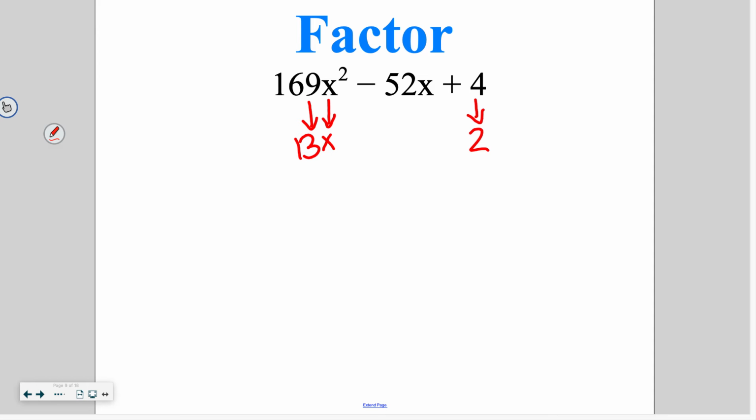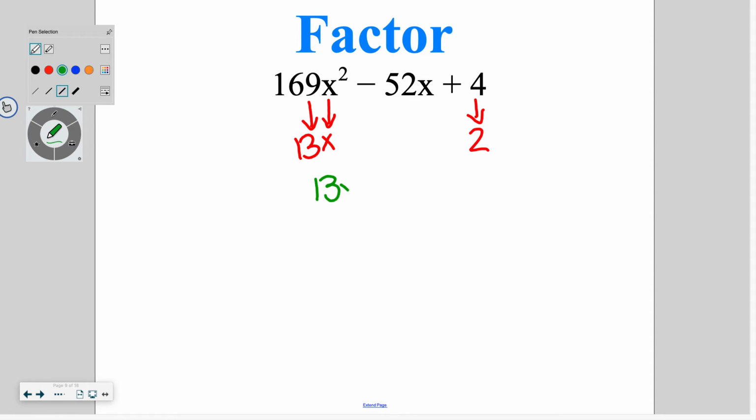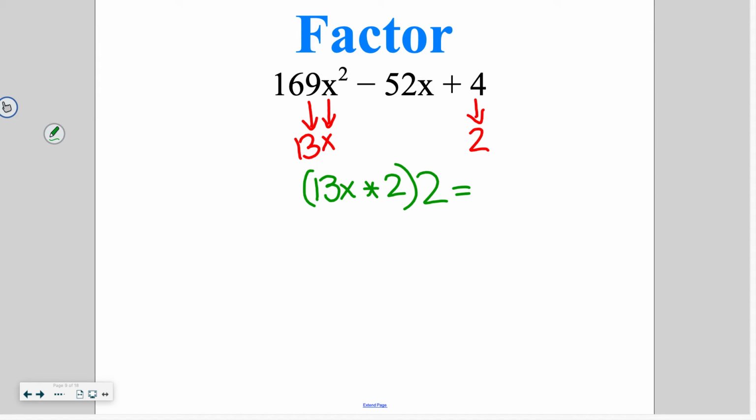Now what I need to do, that third step that I was saying people usually forget about, is check if I do 13x times 2, and then I double that. 13x times 2 is 26x, times 2 is 52x.